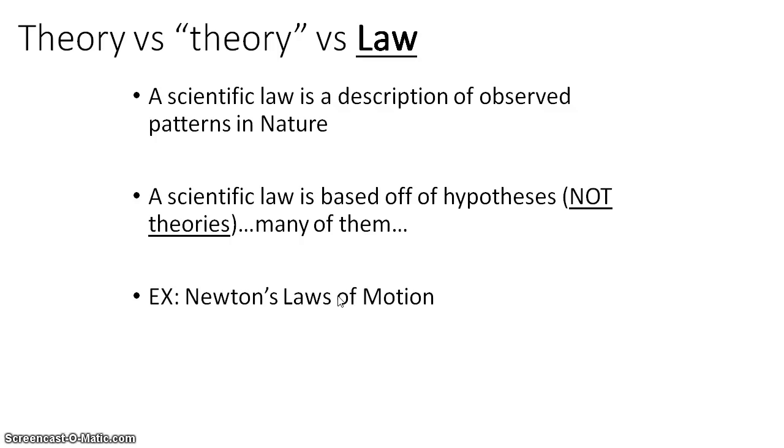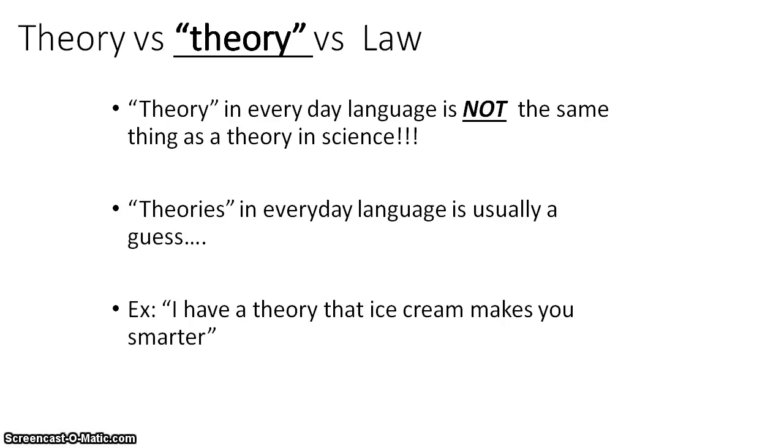However, it is many hypotheses that have lots of evidence that support this observed pattern in nature. An example is Newton's laws of motion. We see if we drop an apple, it falls to the ground. Newton's laws of motion are describing some pattern that we see. It's an example of a law.